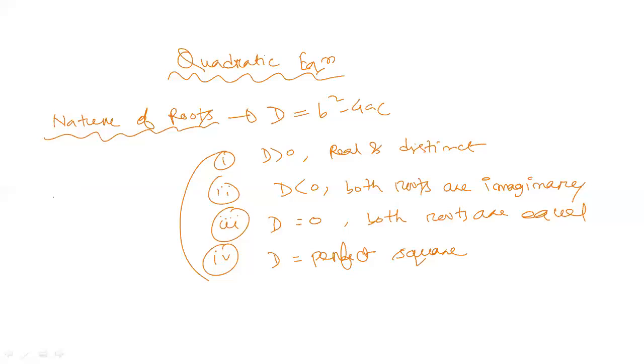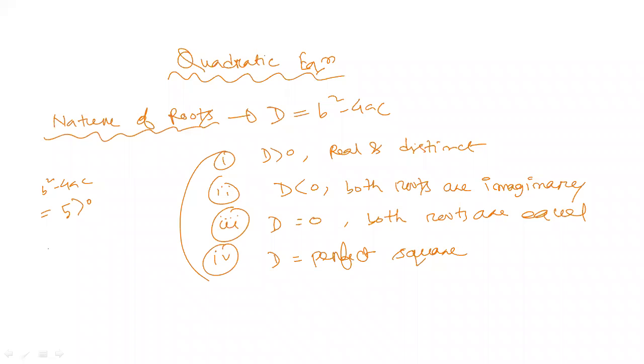Suppose the value of b square minus 4ac is 5, which is greater than 0, then the roots are real, but it may be irrational also.